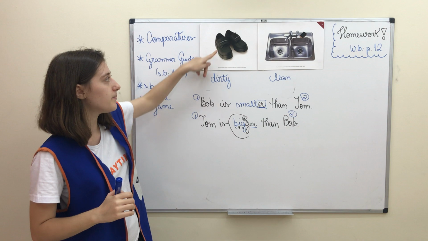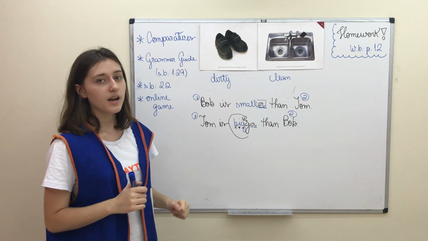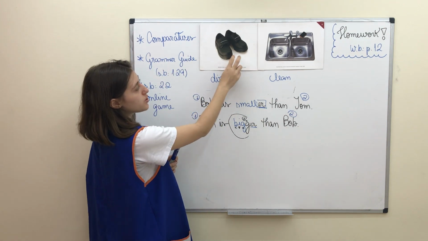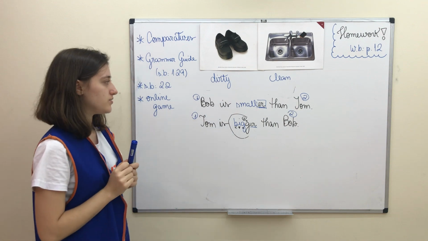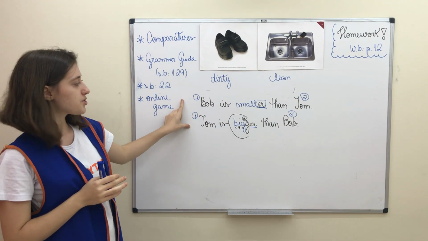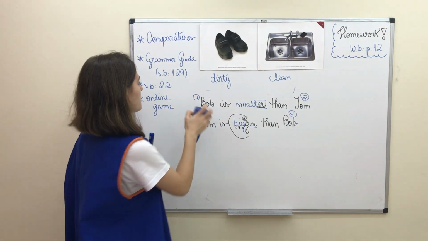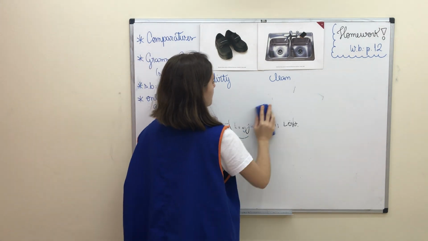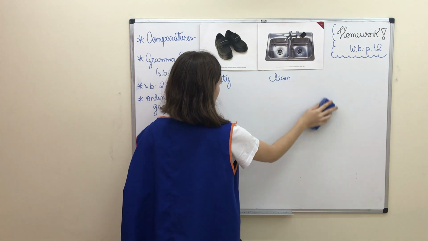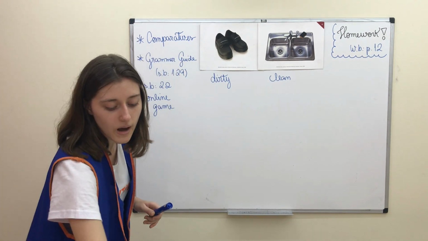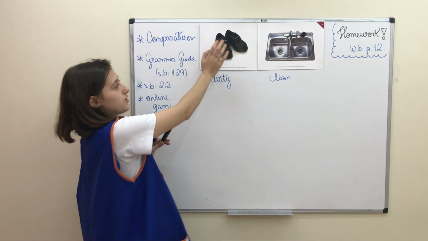So dirty and clean. What if I want to compare the shoes and the sink? How do I do this? It's the same structure that we use with Bob and Tom. So let's erase this. First of all, I am going to start with the shoes.